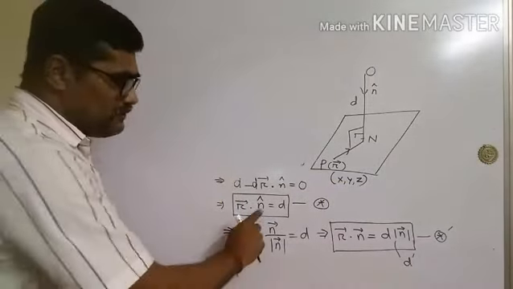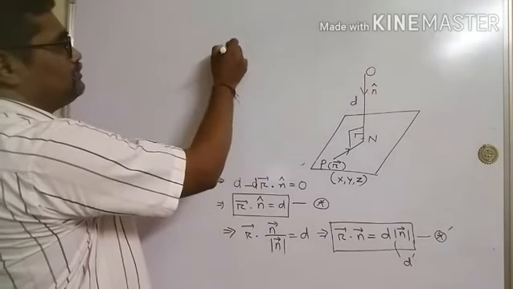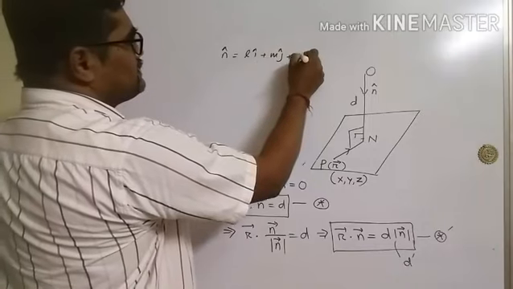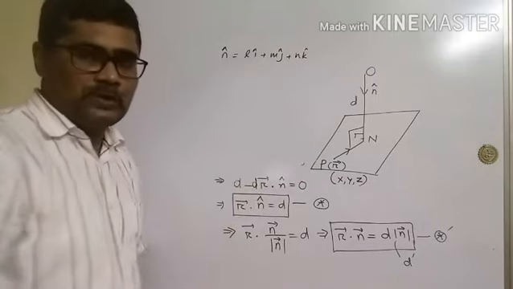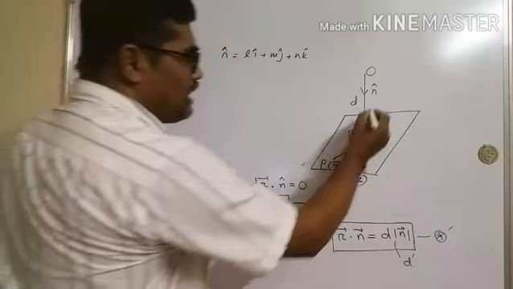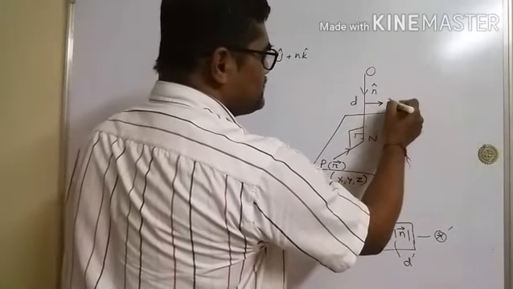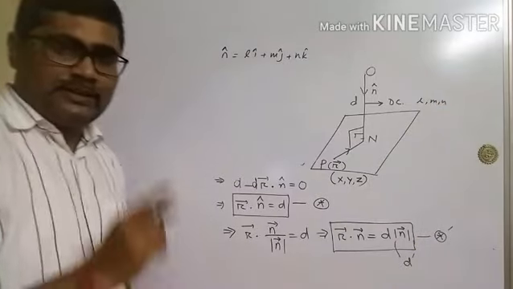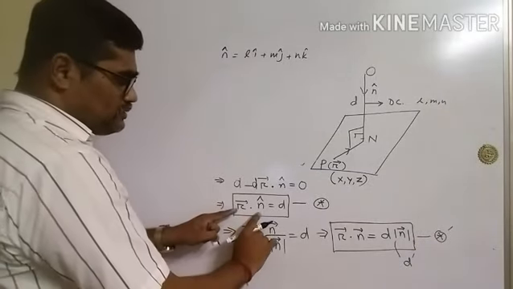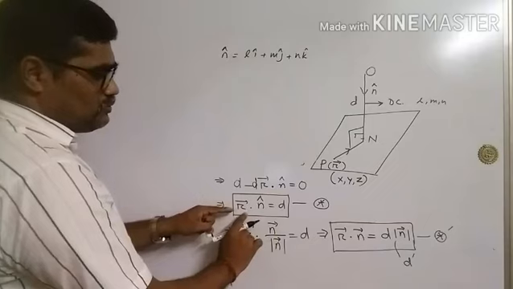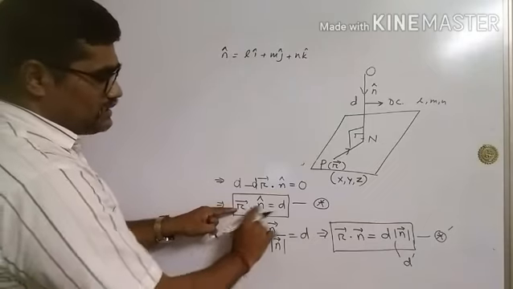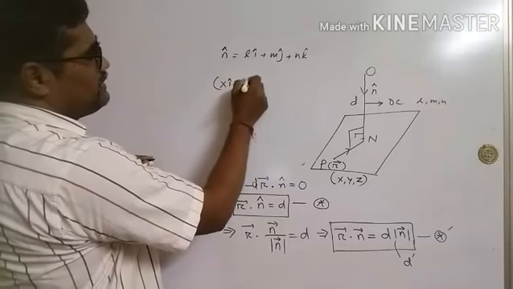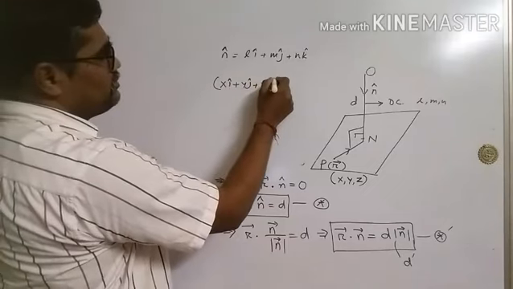Means if I try to write n cap, I have to write n cap as this, where l, m, n are the direction cosines of this line, right? In that case, if I try to now simplify this, how will it look? You just see, r components are this. So if you write this in the complete vector expression, it will be like this.